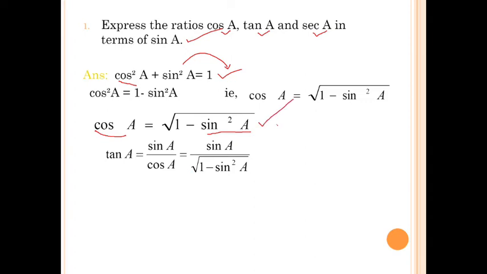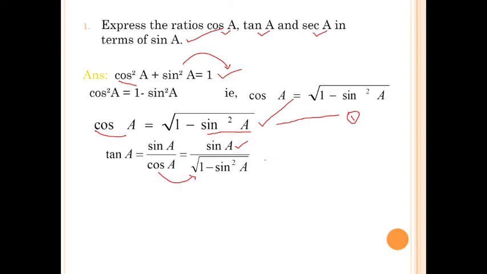In equation 1, we have proved that cos A is equal to root 1 minus sin square A. Tan A is always sin A by cos A. The numerator has the sin term, and the denominator cos is converted into the sin term, as we converted in the previous step: cos A is root 1 minus sin square A. So tan A is represented as sin A divided by root 1 minus sin square A.